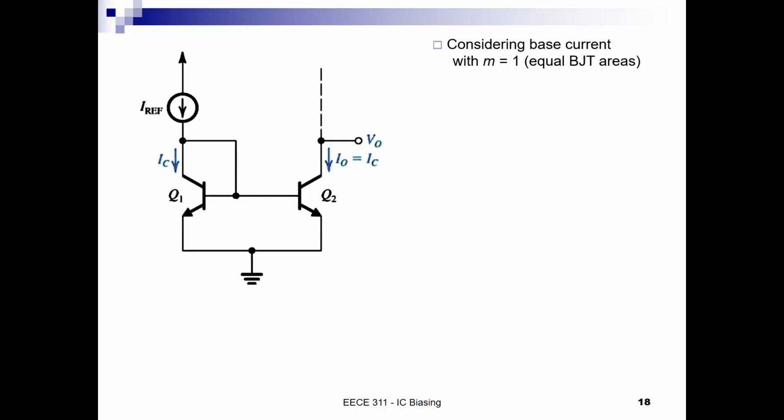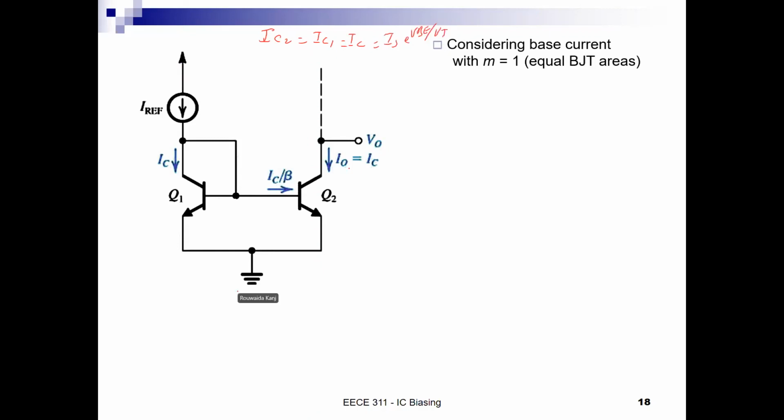Now let us assume that M is equal to 1. Okay, and areas are equal, IS2 equals IS1. And let us now take into consideration the effect of the base current, meaning beta is not infinity. If M equals 1, this means that IC2 equals IC1 equals IC, which is IS e to the VBE over VT.